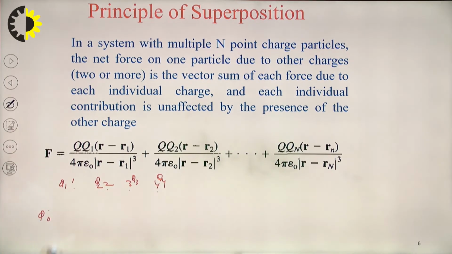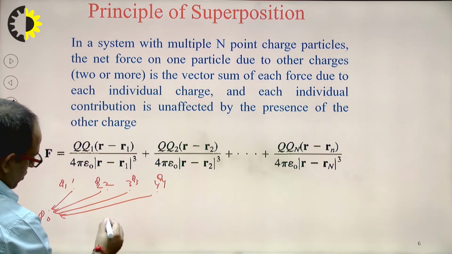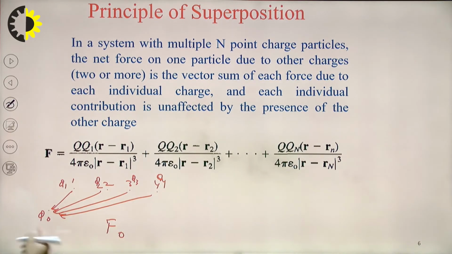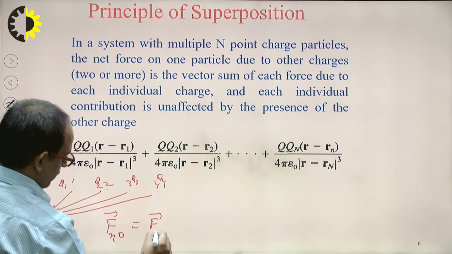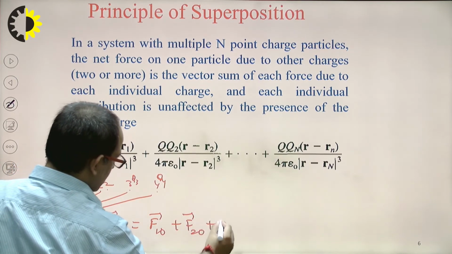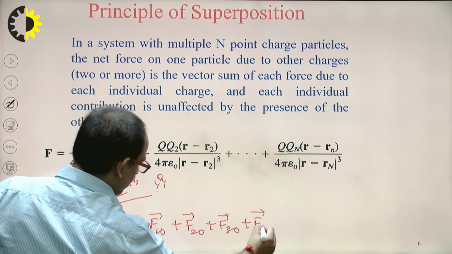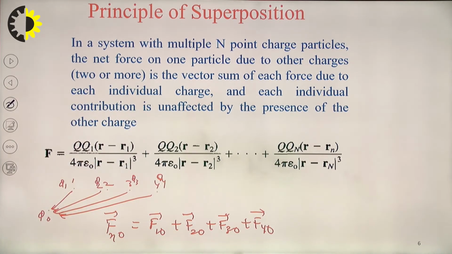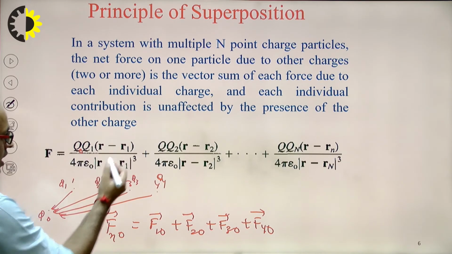Clear? Now all these charges apply some force on this charge, and the total force on charge 0 due to all these charges will be equal to F10 plus F20 plus F30 plus F40. So F10 will be equal to Q0 Q1 (R minus R1).